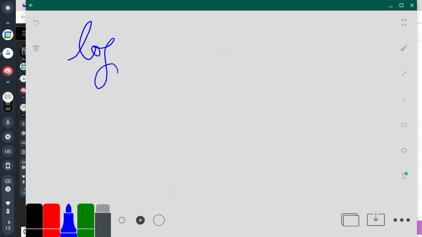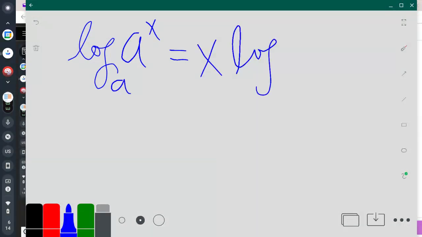For example, log of some number a to the power of x, to base a, we can write as x times log of a to base a.